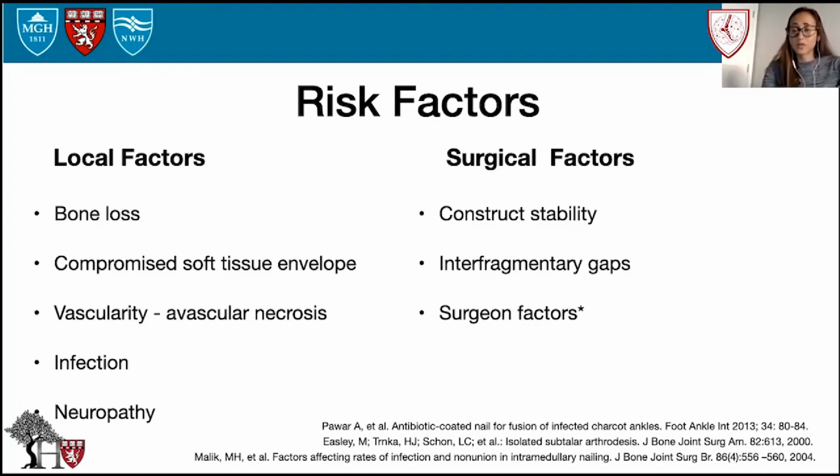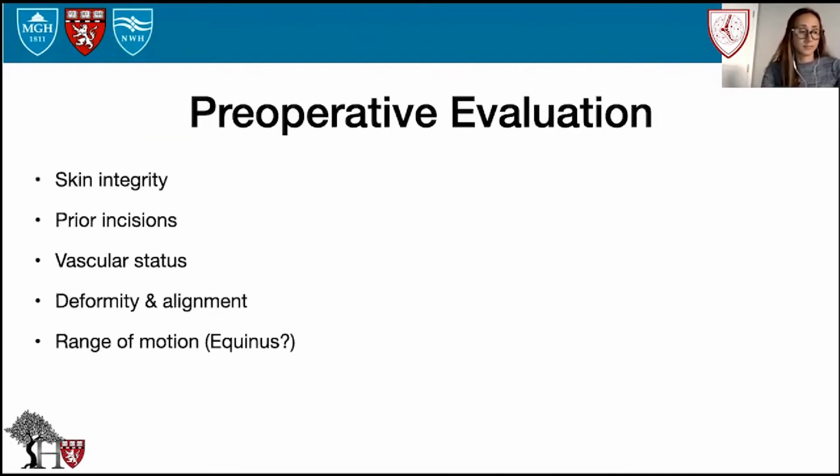In terms of surgeon factors, there are some studies that have tried to assess and compare patients of surgeons with high volume versus low volume. What they have found is that patients of surgeons with a high volume have better functional outcomes, but these studies have not evaluated specifically the rate of union. They're more directed towards functional outcomes, so we might have a little bit of bias here.